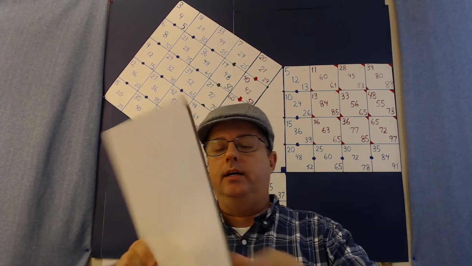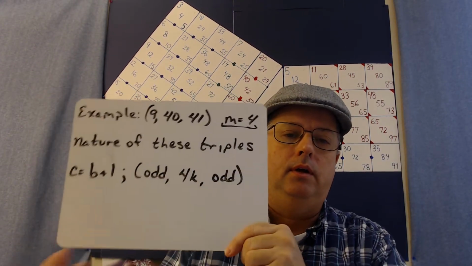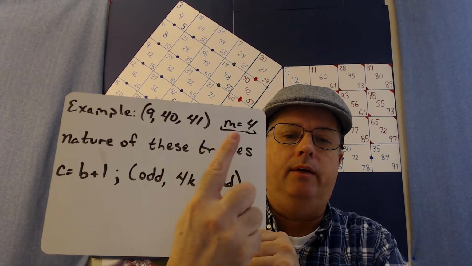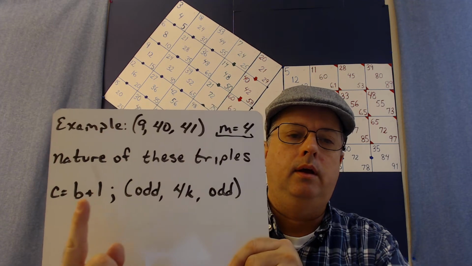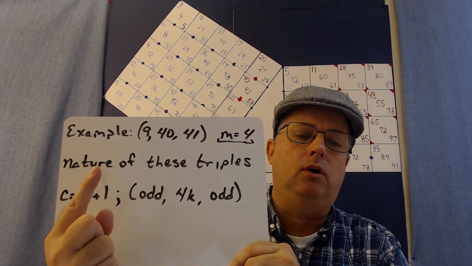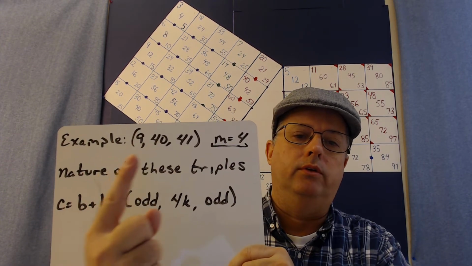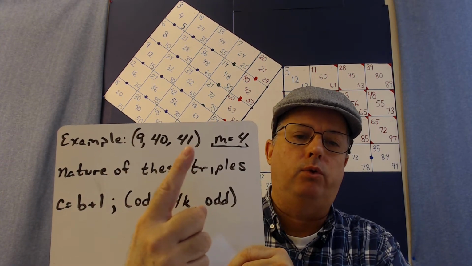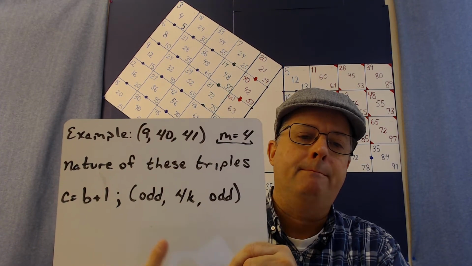this is a Pythagorean triple that is generated by the m value of 4. That's 9, 40, 41. And in the previous videos, we talked about the nature of these types of triples, where the c value, that's 41 in this case, is one more than the b value.